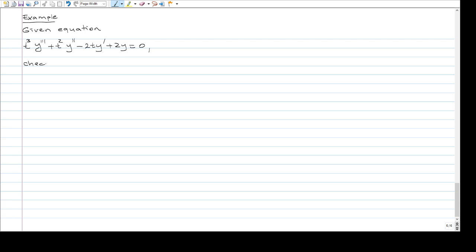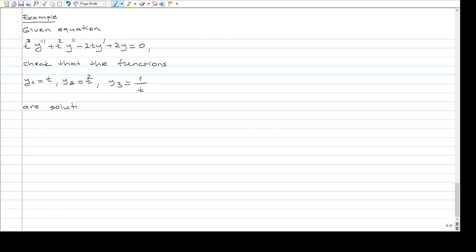Check that the functions y1 given as t, y2 as t squared, and y3 as 1 over t are solutions for t greater than 0. These are given in the problem; you are not supposed to come up with these solutions yourself.